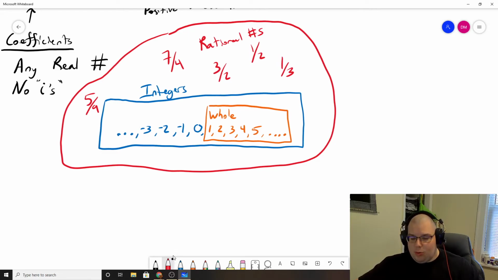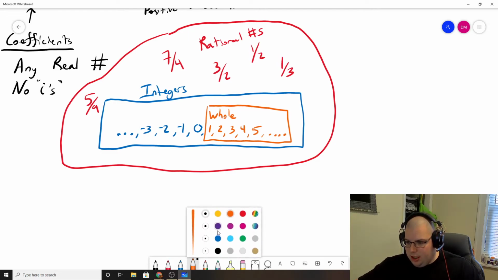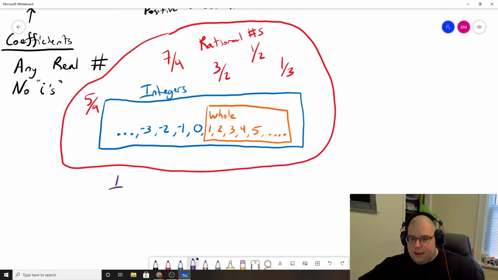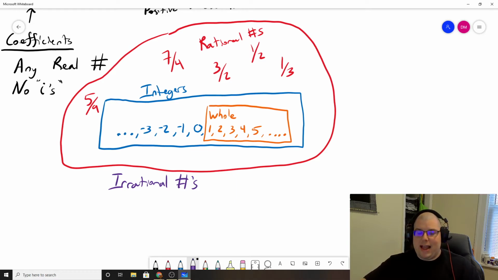are irrational numbers. Let's pick a different color. Irrational numbers. Now, irrational numbers and rational numbers don't intermingle. Whole numbers are integers and all the integers are rational numbers, but irrational numbers are something completely different.